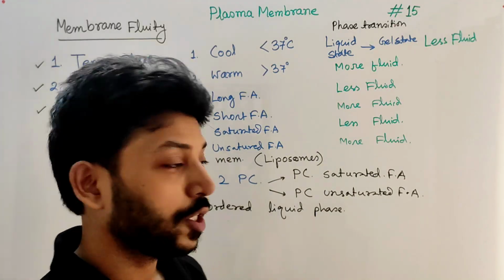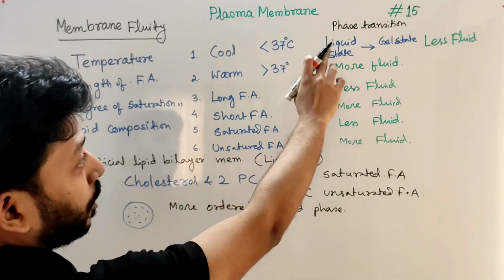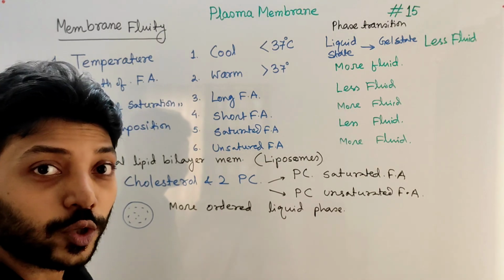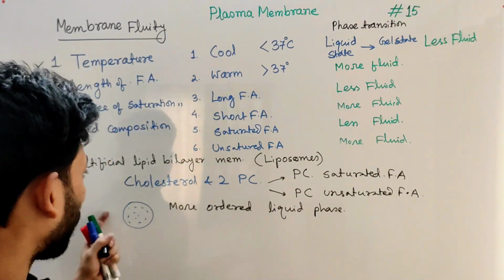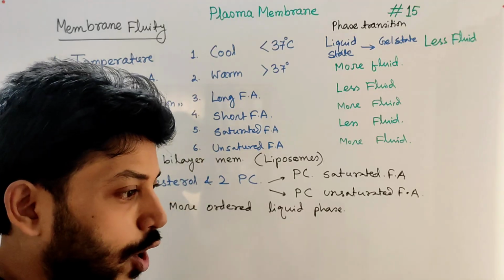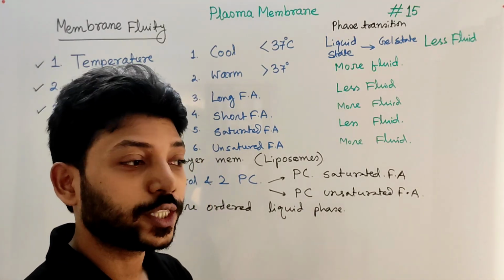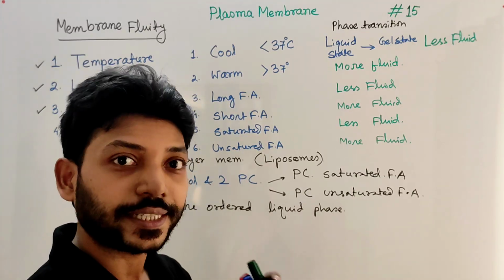But now this gel state can actually be generated with long and saturated fatty acids, as I have already mentioned. If the lipids contain long and saturated fatty acids, they will make a highly ordered gel-like state.